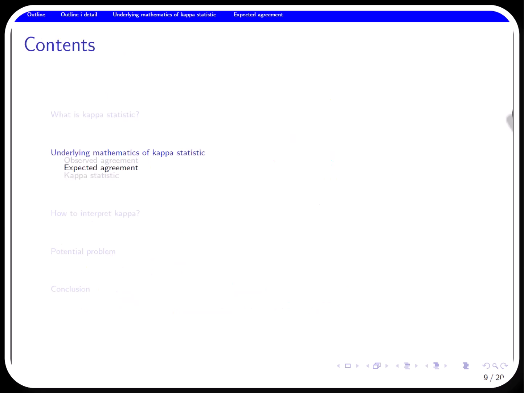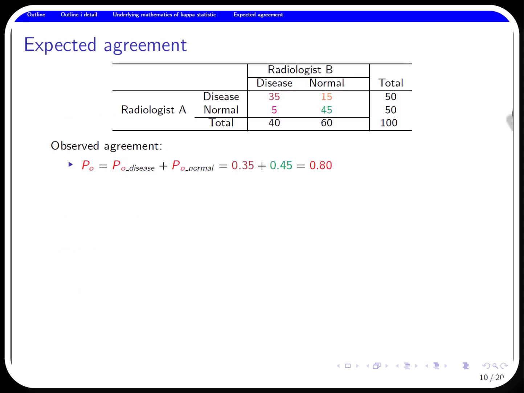Expected agreement. Expected agreement on being evaluated as disease. Probability of being evaluated as disease by radiologist A equals 35 plus 15 divided by 100 equals 0.5.